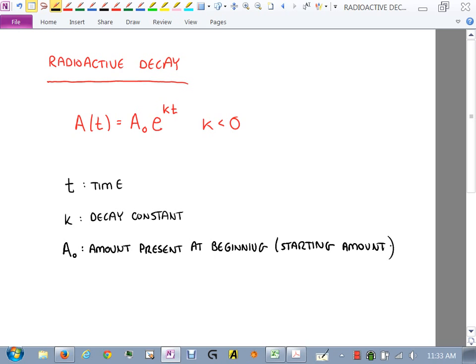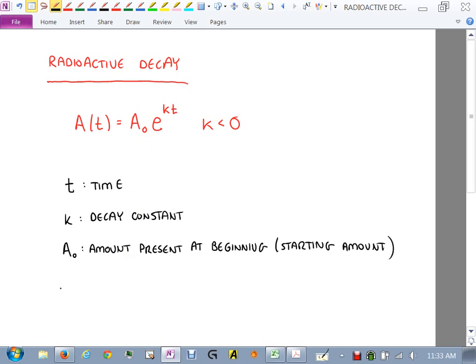Now, why is it the original amount? Because what happens at time is 0. When I plug time 0 in here, this is 0. What's e to the 0? 1. And so this is just A naught. So at the beginning of time 0, you're always going to get that number. A naught will always be the starting amount. Then from there on, it's going to decay down. All right?